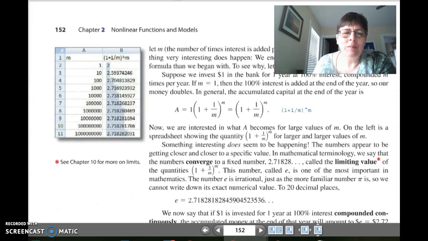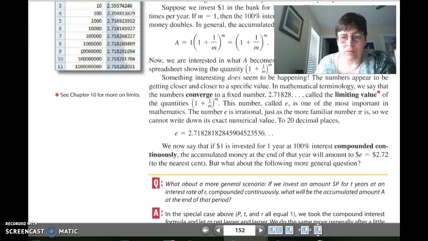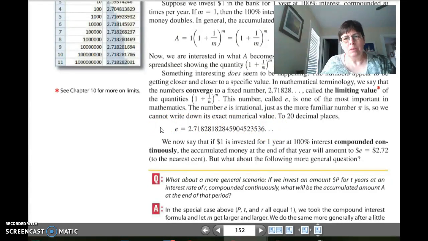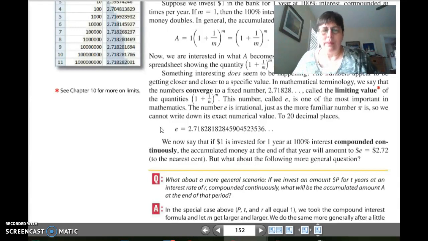Move the screen over. See how they're compounding up to, I don't know, 3 trillion or 1 trillion or something? This number right here, they just used ones, but it will, they say, converge or equal this number e, which is a number like pi. It's irrational, but it is a number.